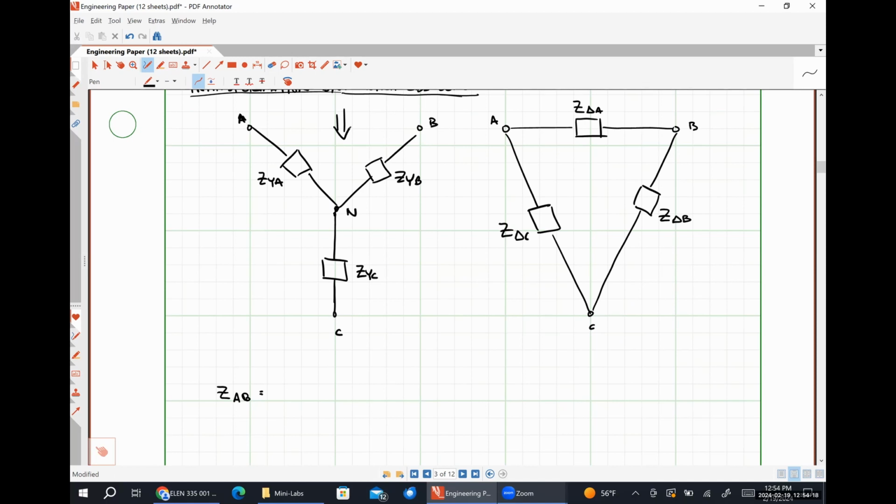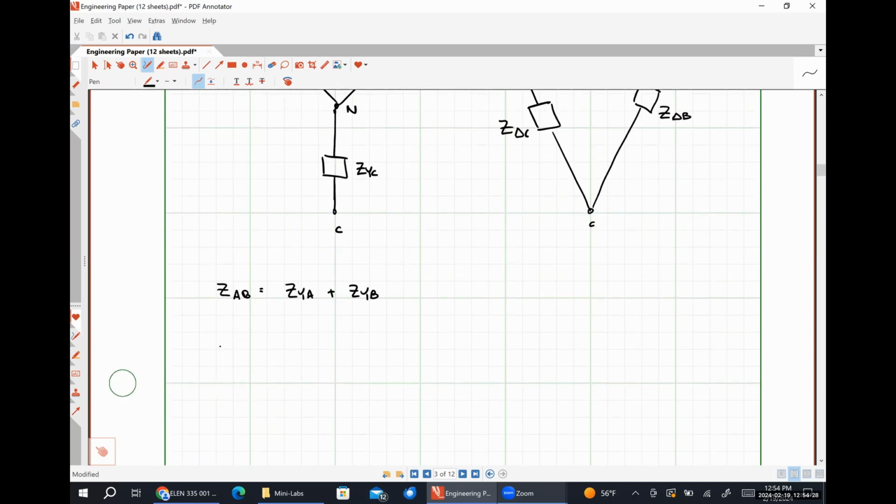ZYA plus ZYB, that's it. And similarly, between B and C, I would see ZYB plus ZYC. And between C and A, I would see ZYC plus ZYA.